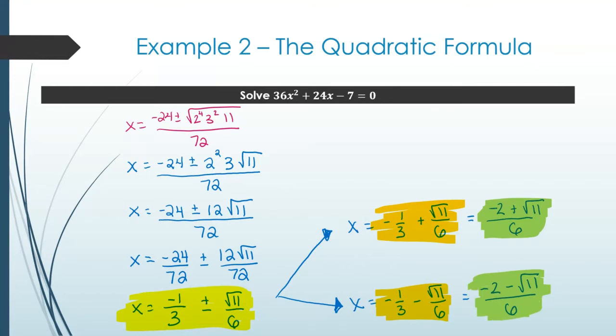The only time you would write it as a decimal is if it's a real world problem, because real world answers don't really involve square roots of 11 and weird things like that. We usually are okay with decimals. So if it's a real world situation, it's totally fine to use the decimal approximation of the square root. If it's not a real world situation, not a model, not a word problem, then you want to give the exact answer.